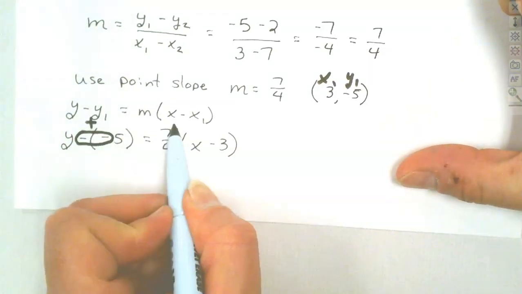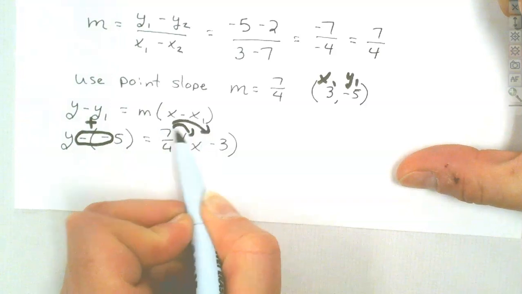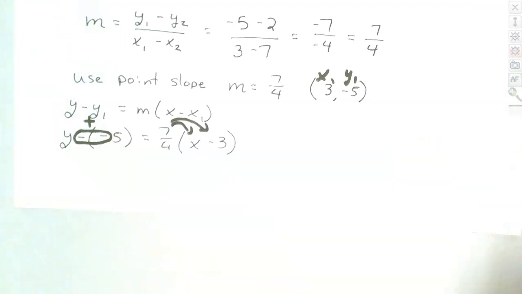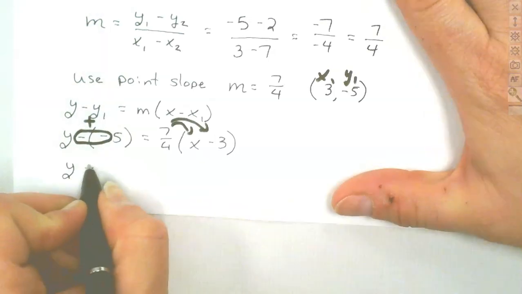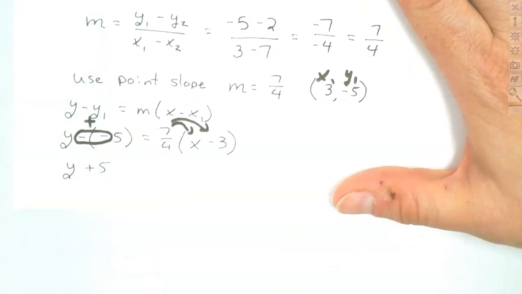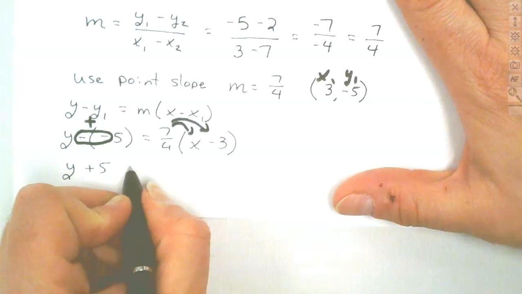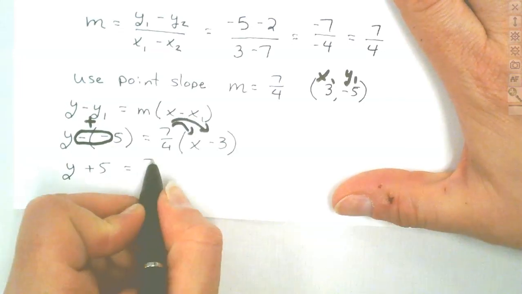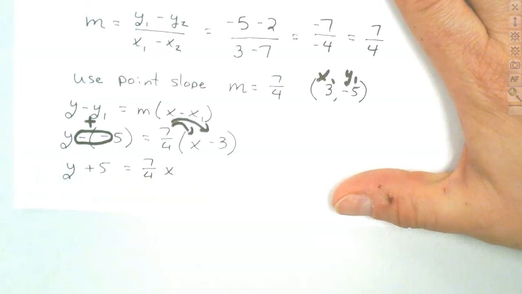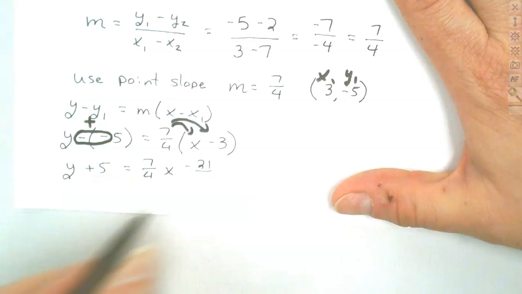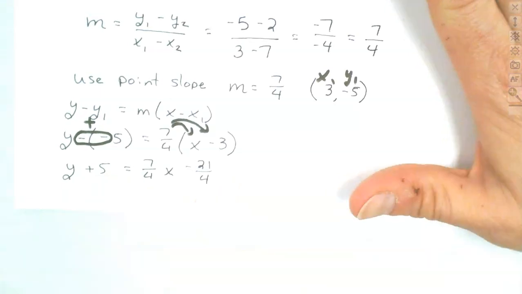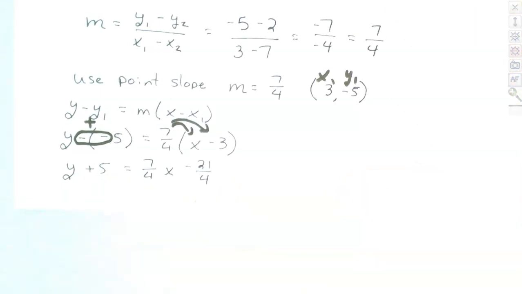And then we'll distribute that 7/4 through as well. So now we have y plus 5 here on the left-hand side. On the right-hand side, we've got 7/4 x. And 7 times a negative 3, well, that makes it a minus 21/4 there. So that's where we're at so far.